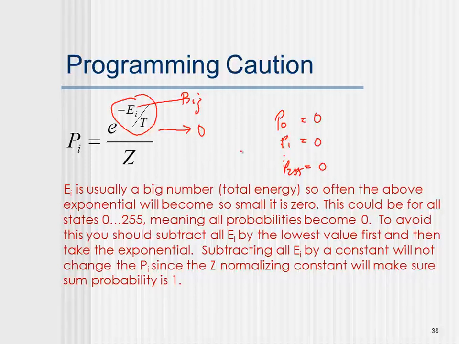To avoid this, sometimes it's best to, instead of taking E and putting it in this equation, take each E and subtract E min first, and then compute the probability. It will not affect the result, because subtracting E min from each is just like dividing by a constant; the Z factor will normalize the probability anyway. You can always divide this by any constant and it still remains the same. Subtracting E min from each E before converting to probability makes these probabilities not all zero; they will have some values.